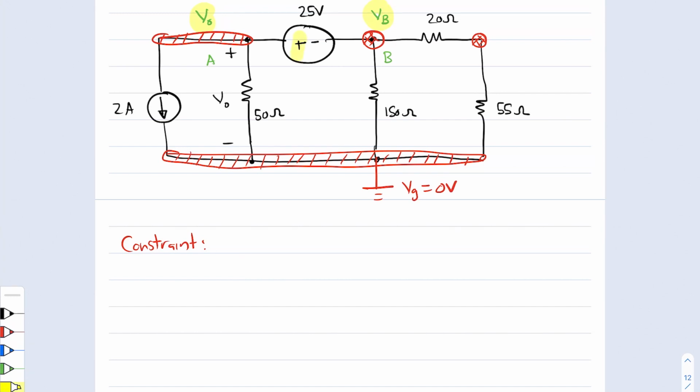Because the polarity is such that this is positive, this V naught must be bigger than VB, and it must be exactly bigger by 25 volts. So the constraint equation is that V naught is whatever VB is plus 25 volts. This equation, before we do any more analysis, is our very first equation.